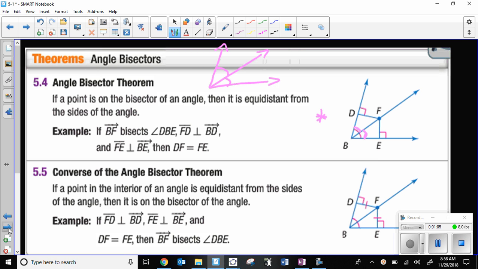And then I also know if point F here is on my angle bisector, and I drop down at a 90-degree angle, because the shortest distance between a point and a line should form a right angle, then I should know that FE should be congruent to DF. And that's what this bottom picture is really telling you as well. But again, point F has to be on the angle bisector in order to make this work.